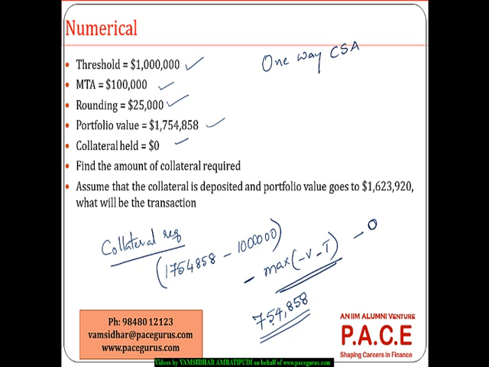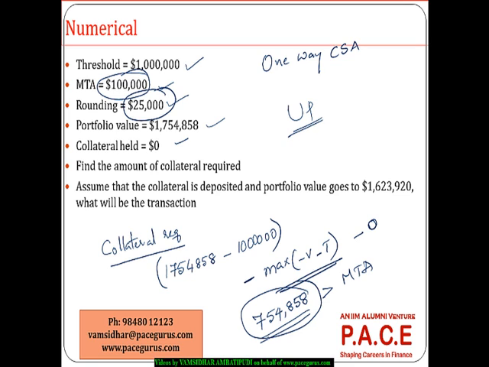Now this 754,858, because I am rounding it to the 25,000, first of all, I'll check whether it is greater than the minimum transfer amount. Yes, it is greater than the minimum transfer amount, which means I have to ask for a collateral. Now whenever the requesting for a collateral is happening, then generally it is a rounding up.